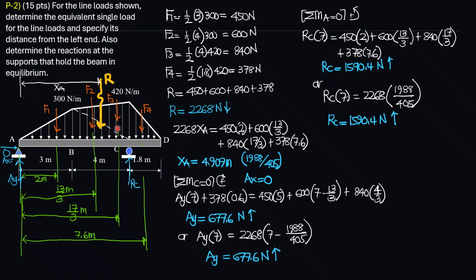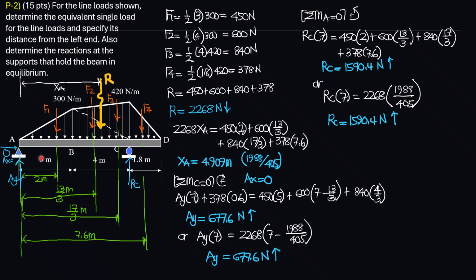Then F3 is 840 newtons, then moment arm 17 over 3, then plus F4 378, and the moment arm is 7.6. So XA is 4.909 meters. The exact value is 1988 over 405 meters. So this is acceptable to four significant figures.